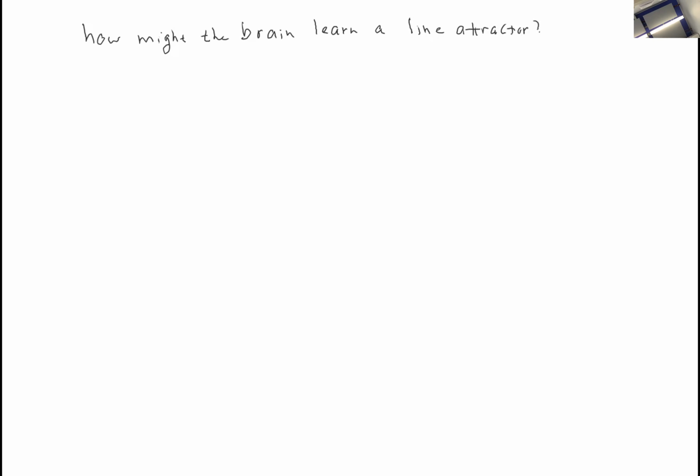Now, it turns out you can actually train a network. You can train it. In fact, you can build it as an RNN, which stands for recurrent neural network.